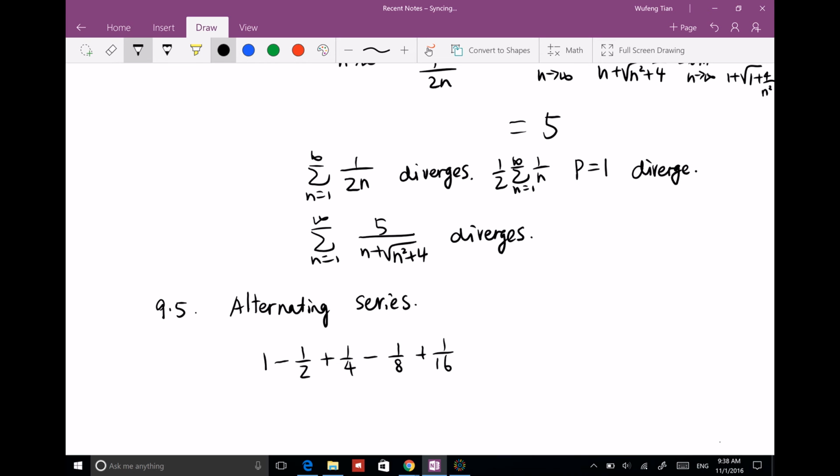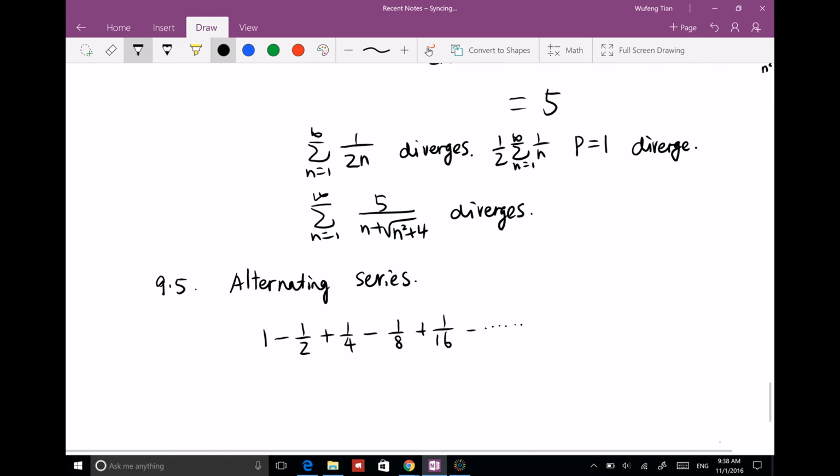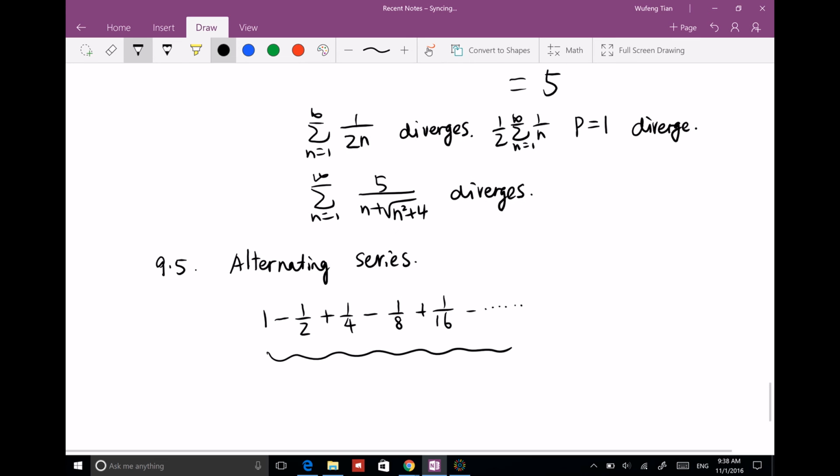Okay. Alright. So now I would like to ask a student, what kind of thing do you see from here? Bella, could you please tell me what you see from this series?